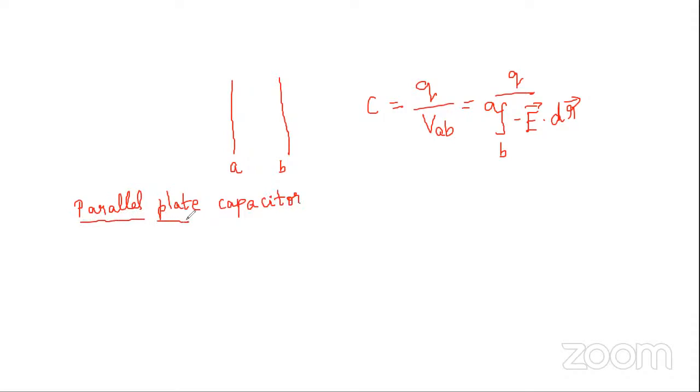What is a parallel plate capacitor? You will have two parallel metal plates. Let me draw them here. This is one plate, and this is another plate, and both of these are separated by a distance d.